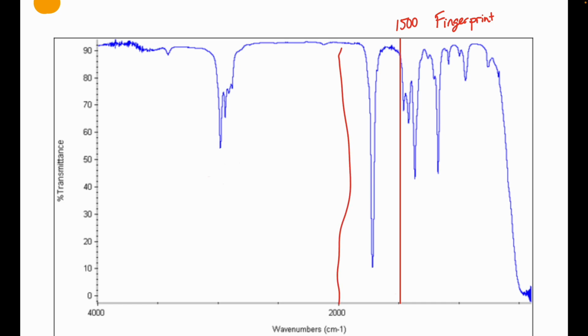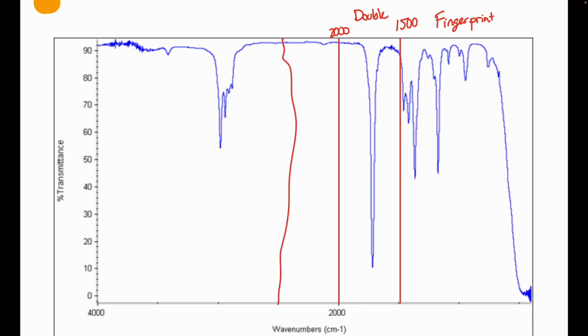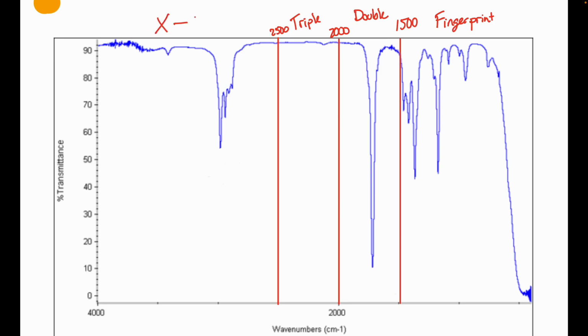From 1500 to 2000, that's our double bond region. From 2000 to 2500, that's our triple bond region. All right, and then anything greater than that is the something-bound-to-hydrogen region.